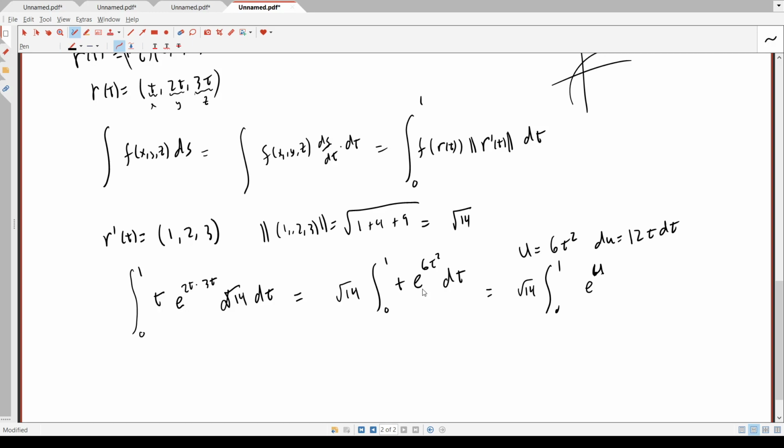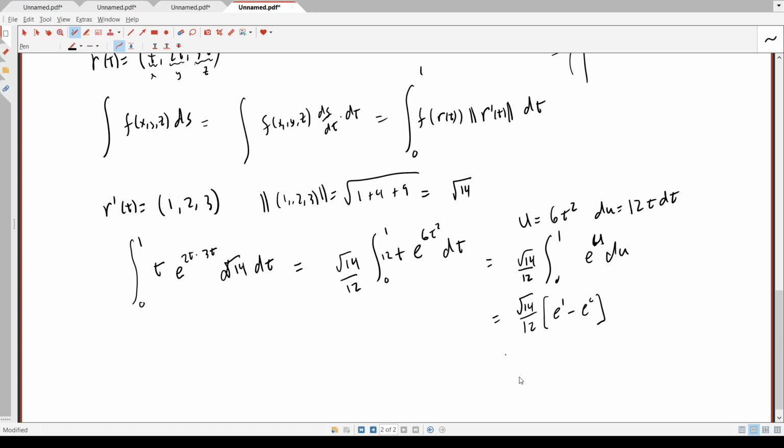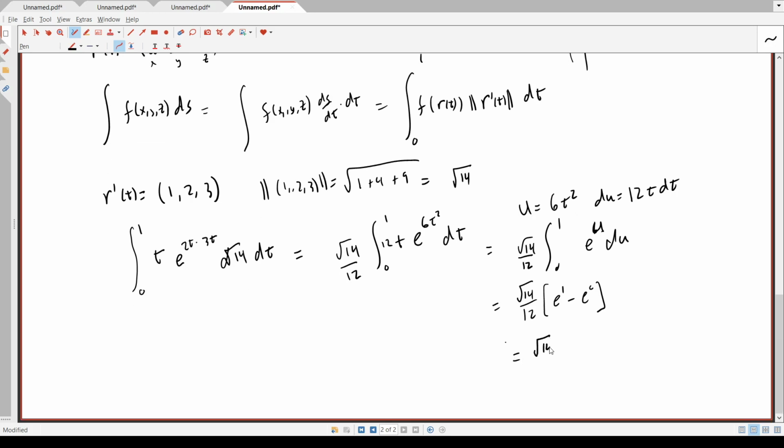I have t here, so I need to multiply and divide by 12. So then I have 12t dt, and this becomes du. And finally, I have root 14 over 12. Integrate this, and I get e to the 1 minus e to the 0 for a final answer of root 14 over 12 times e minus 1.